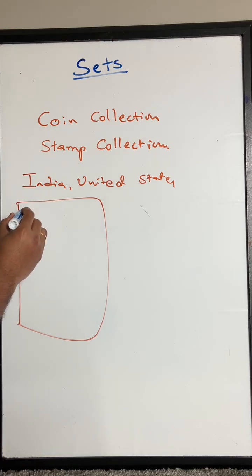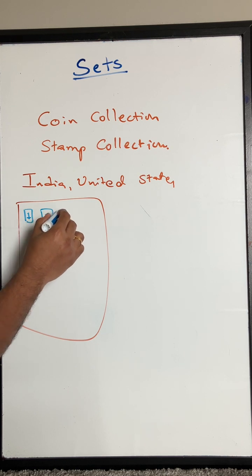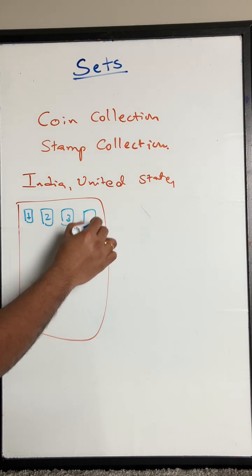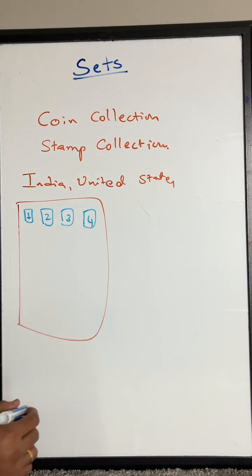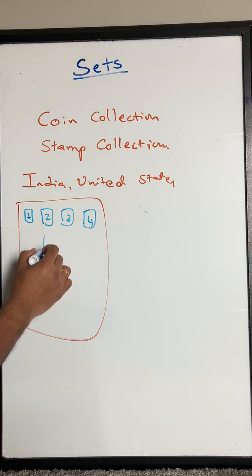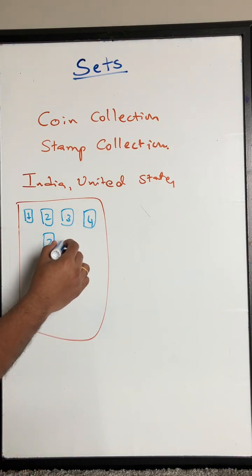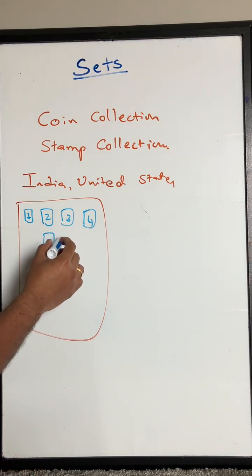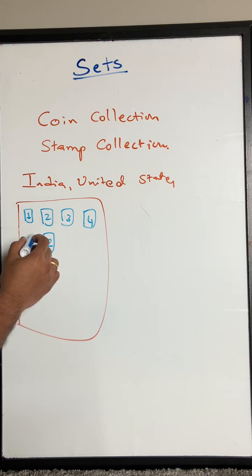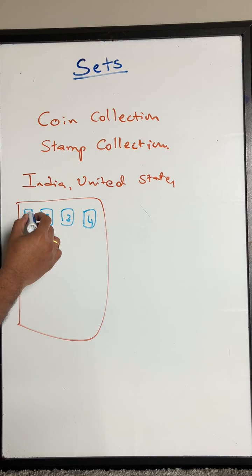Let's take one, two, three, four, and somebody gave the same type of stamp to her, like number two. She got two number twos. So think these are all different types of stamps.